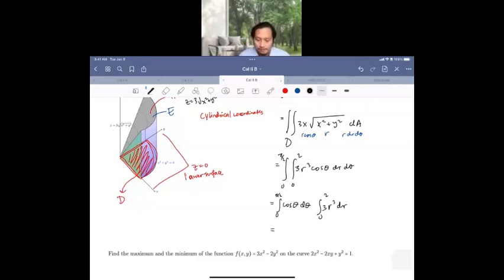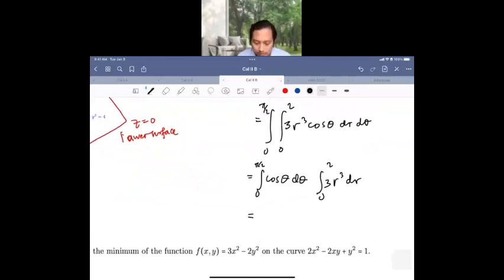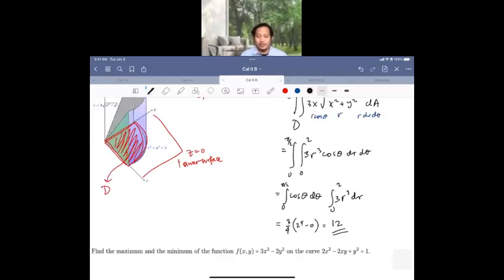So this will be cos theta, and sine becomes 1. So we just focus on here: 3 times 2 to the fourth over 4 minus 0. This will be 16 divided by 4, which is 4, times 3 is 12. So the result is 12.